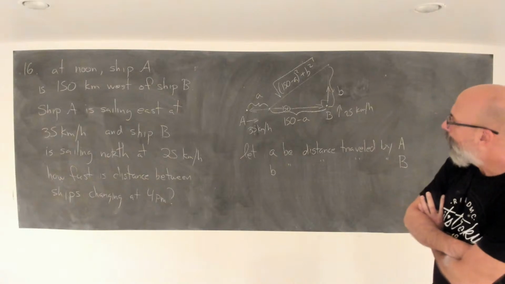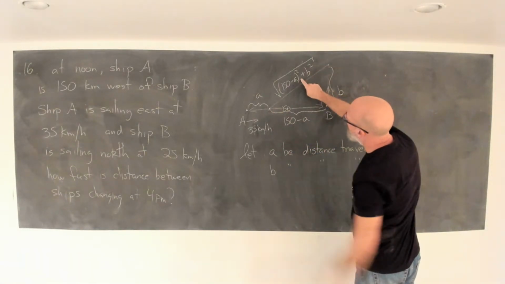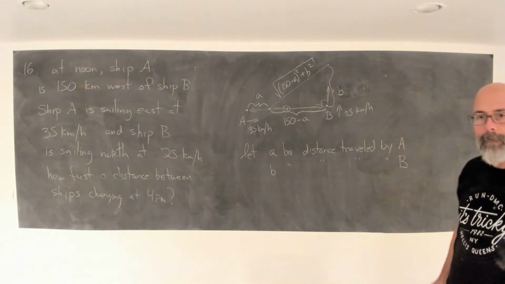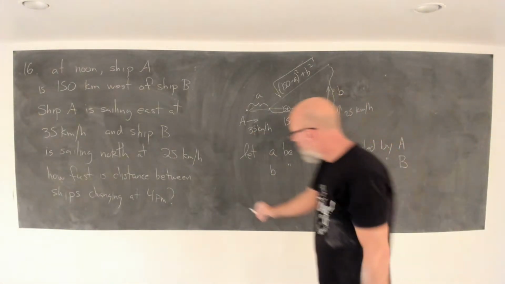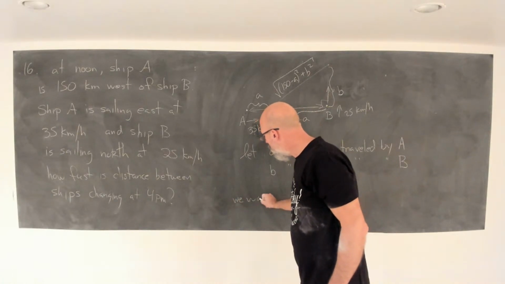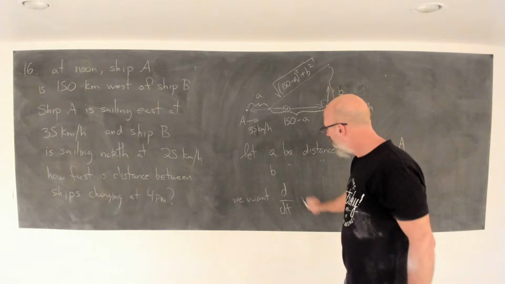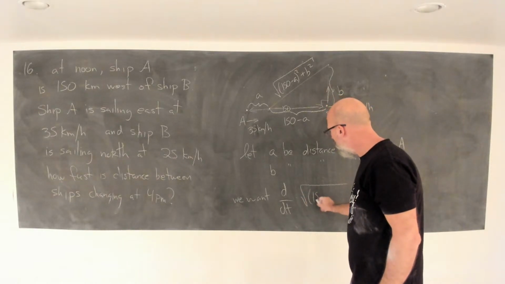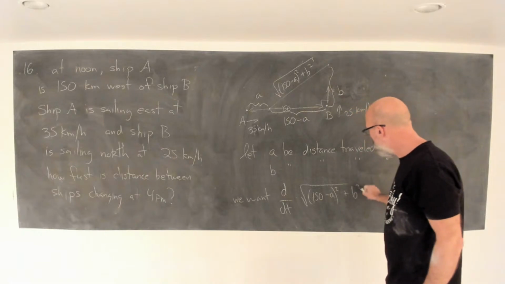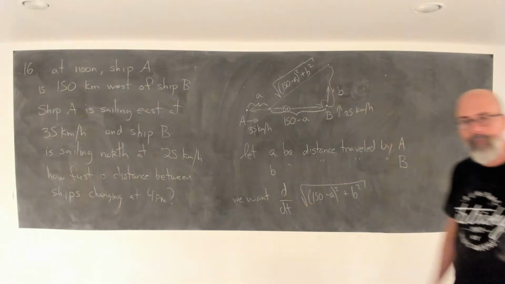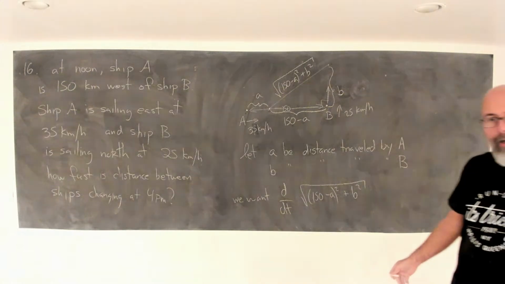All right, so right angle triangle, where the distance is the square root of this. What are we looking for? We're looking for the rate of change of the distance. We want the derivative of this thing. So what is that?